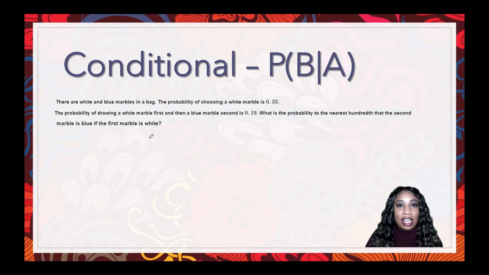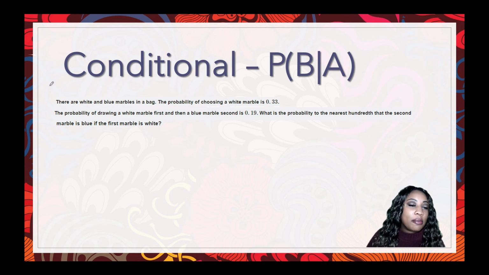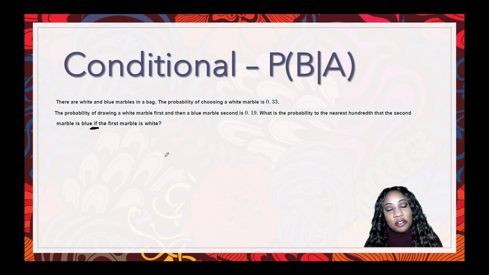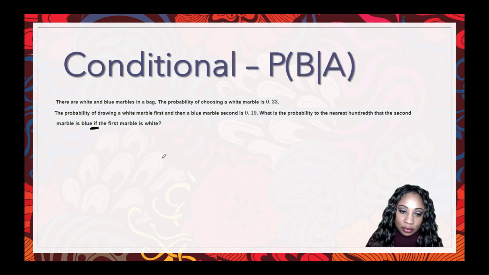Okay, let's look at another example. Straight to the question. What is the probability to the nearest hundredth that the second marble is blue? Keyword if. If the first marble is white. Whenever you see if, that means it's conditional because something is based on if something else happens first.